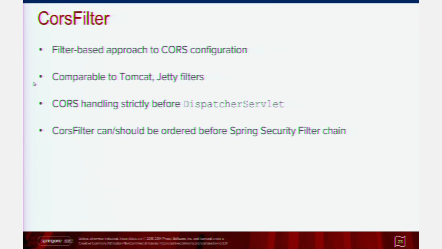If you want to use a CORS filter that we provide that's built into Spring MVC, and you don't need the fine-grained configuration, then it's just a simpler thing to do, and you don't need to worry about Spring Security because you can put that filter in front of Spring Security. This is comparable to using a filter from Tomcat or Jetty, except it's now built into Spring MVC.